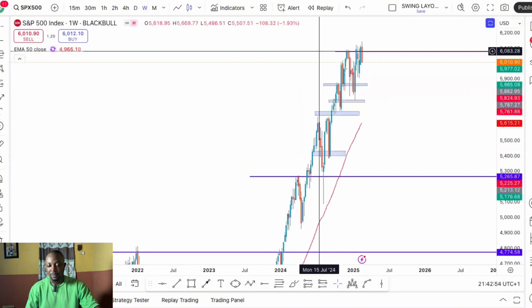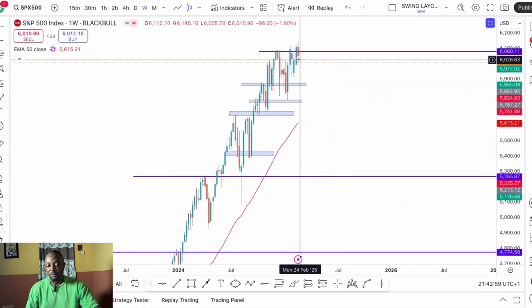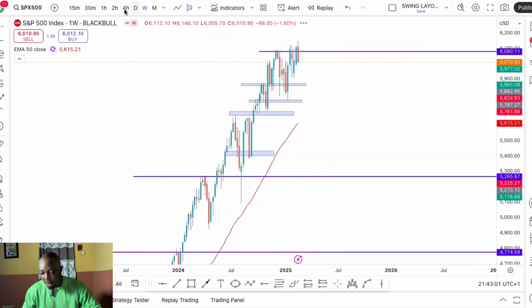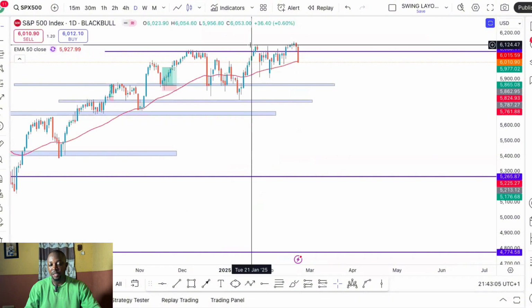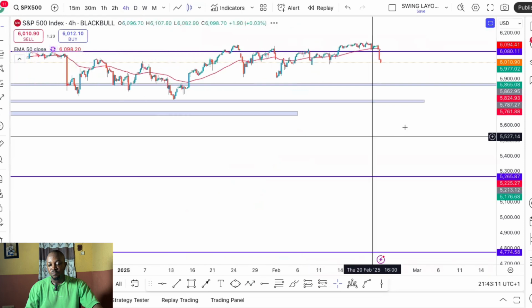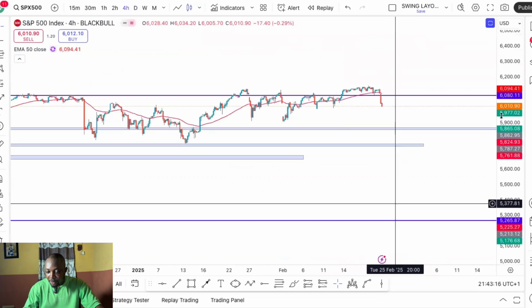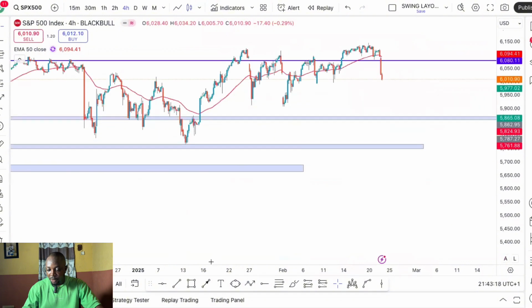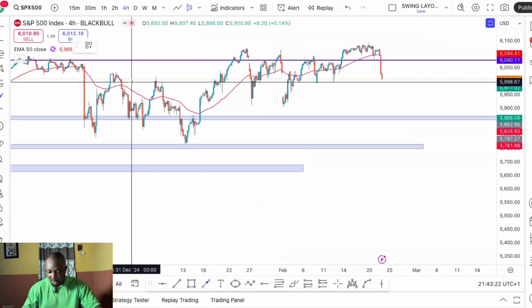SPX 500. The market is currently rejecting this strong weekly level, and you can see this rejection is still happening here on the weekly time frame. On the daily time frame, you can see this sort of double top happening here. So I'll be looking for sales, but let's see if we can find. Oh, there could actually be an opportunity here on the SPX 500.